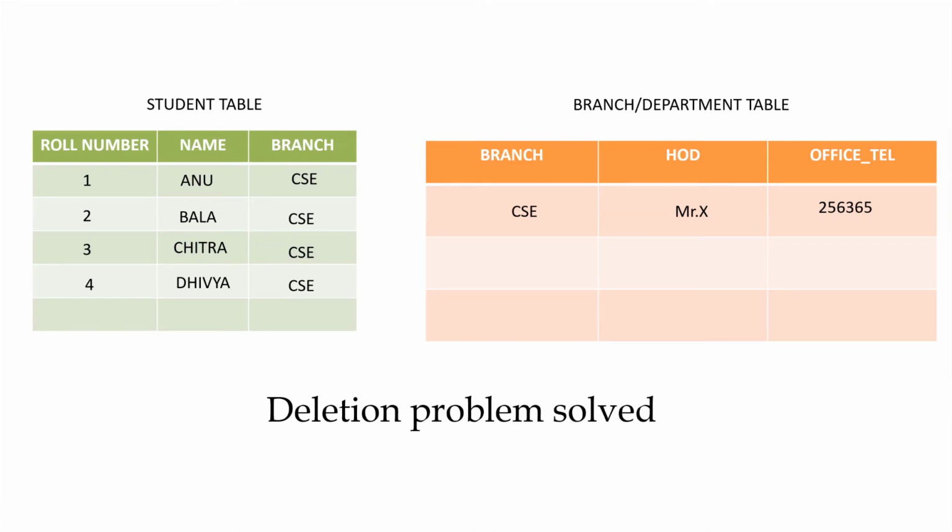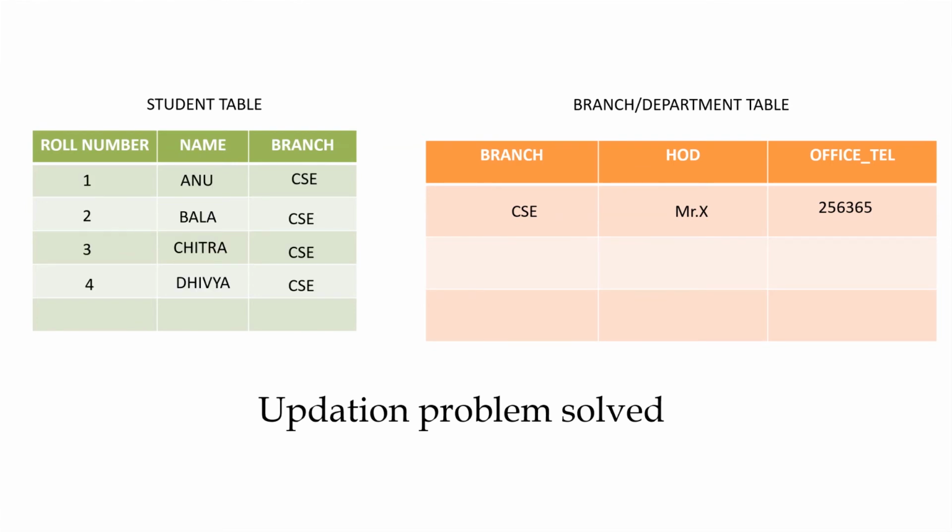But here, if I want to delete any student information, the roll number, name and branch alone will be deleted, and a copy of branch details is always there in the branch table. So that will not be affected. See, I am deleting the details. Even if there is no data in the student table, I still have the data in the branch table. So the deletion of one data set will not affect another data set by reducing the redundancy.